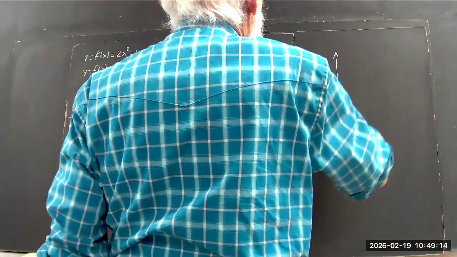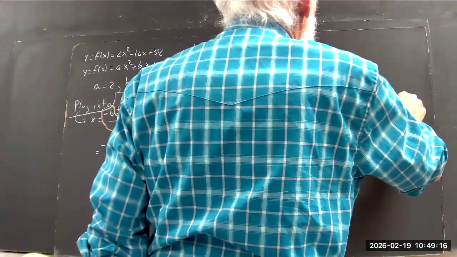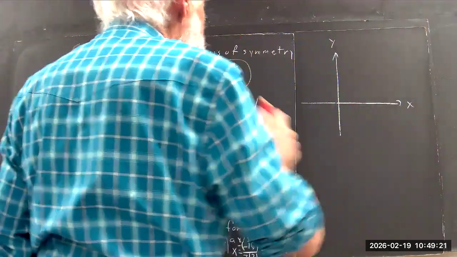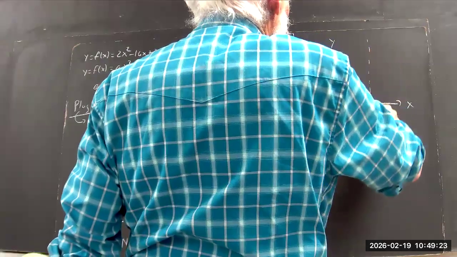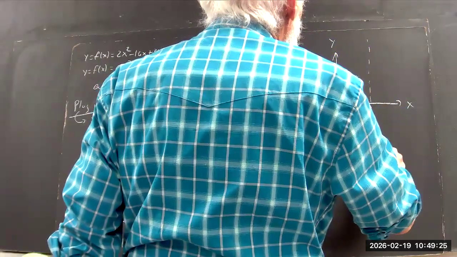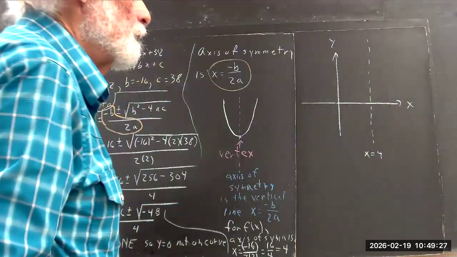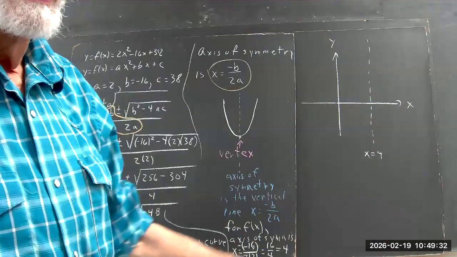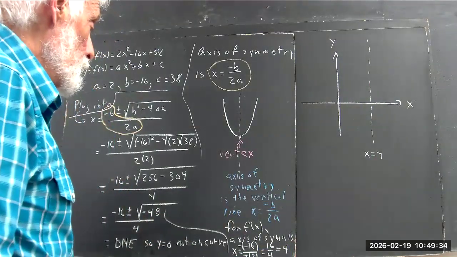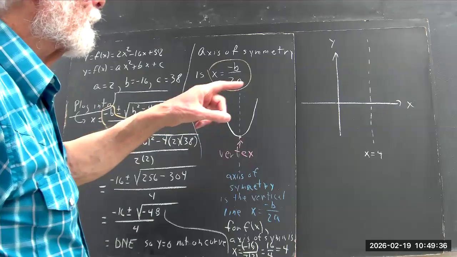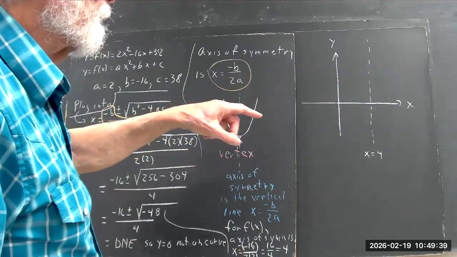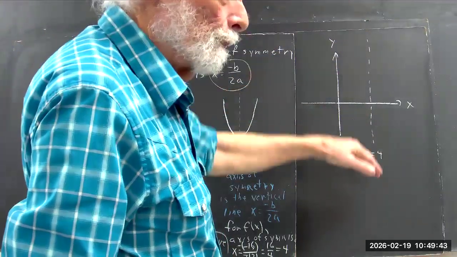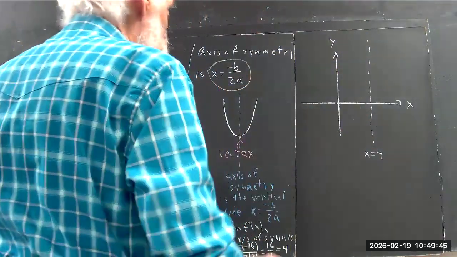So I can sketch a set of x and y axes, and I can draw the line x equals 4 to the right of the origin, to the right of the y-axis. I know that the vertex, the low point on the graph, has to lie somewhere on this line. That's all I know at the moment.